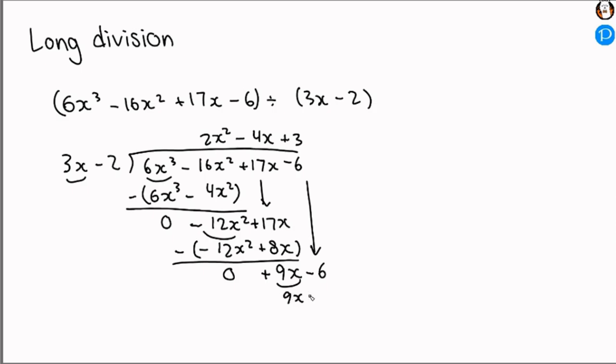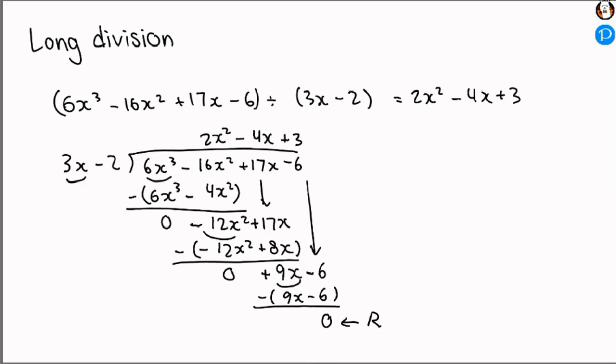Here we're going to get 9x minus 6. Subtract, and our remainder is going to be 0. Our final answer is going to be 2x to the power of 2 minus 4x plus 3.